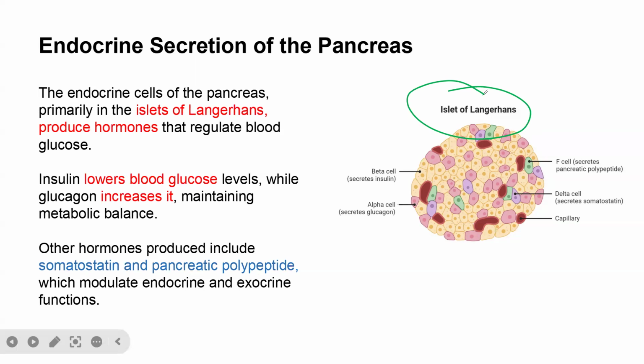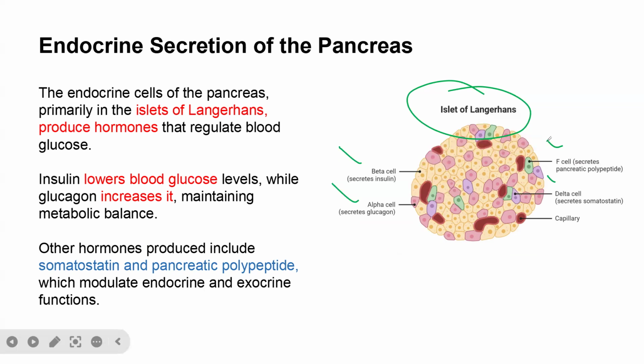What are the cells found in the islets of Langerhans? First, we have beta cell, alpha cell, delta cell, and F cell. So you see, at least here we have about 4 different types of cells found in the islets of Langerhans of the pancreas.